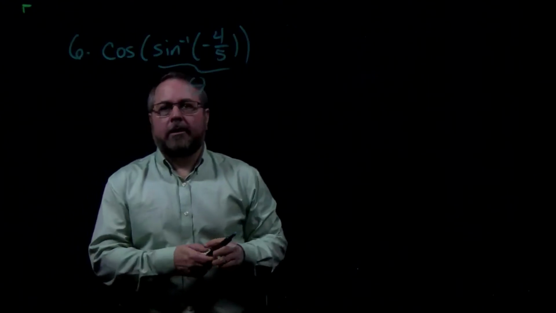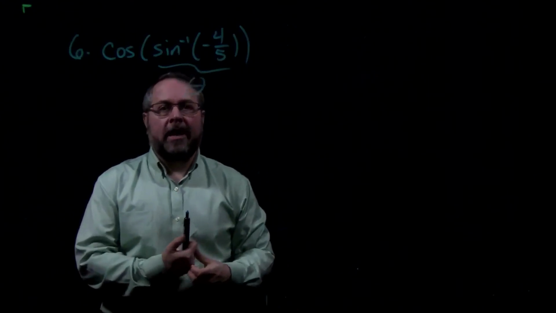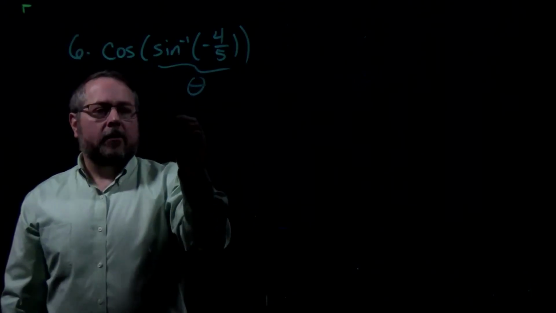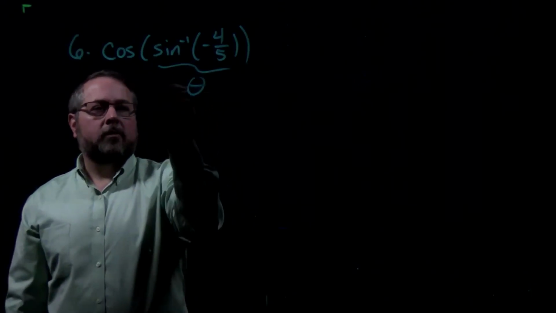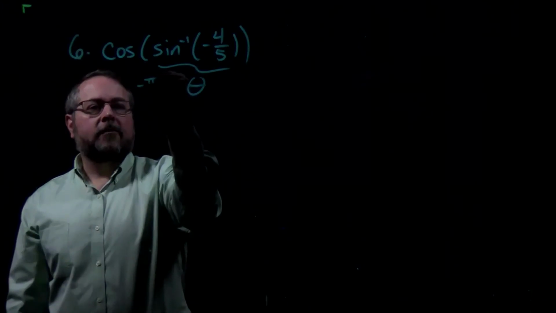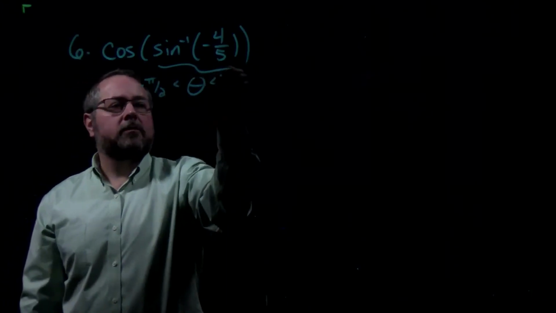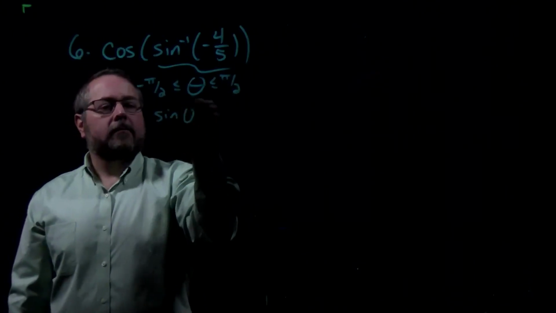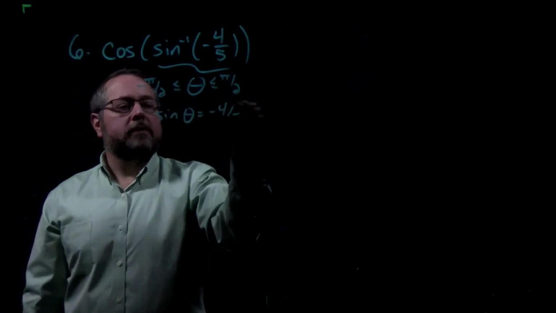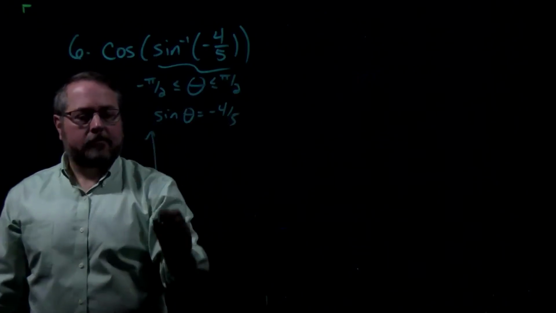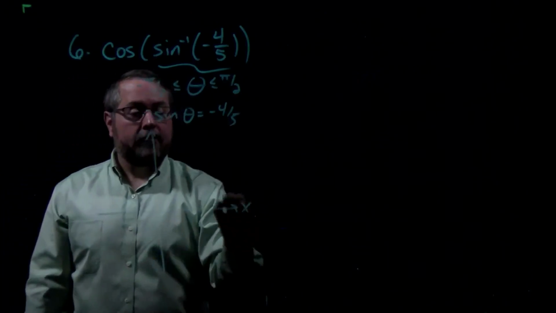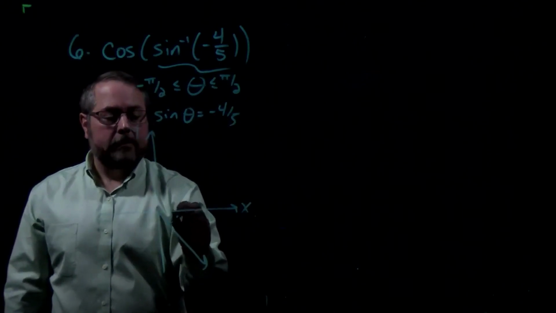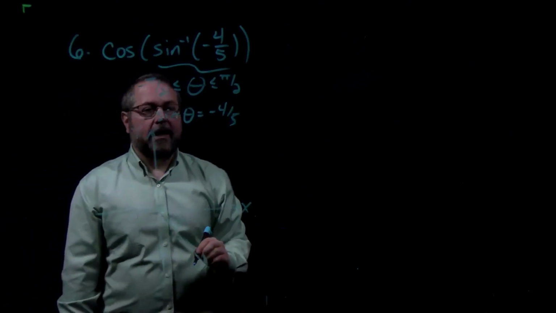Again, we want to find the cosine of an angle. In this case, our angle is the inverse sine of negative 4/5, and therefore theta has to be between negative pi over 2 and positive pi over 2. And the sine of theta is negative 4/5. Okay, so that puts theta in the fourth quadrant, because the sine value is negative.